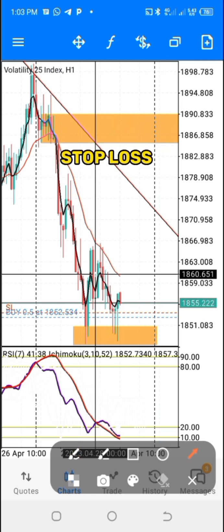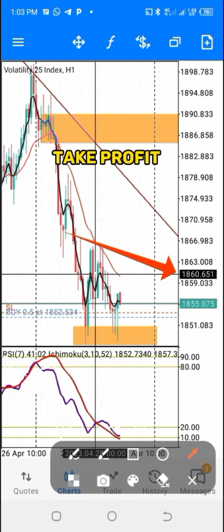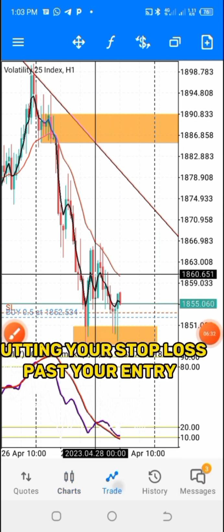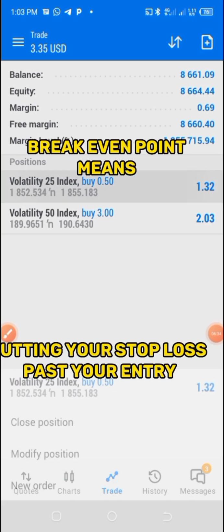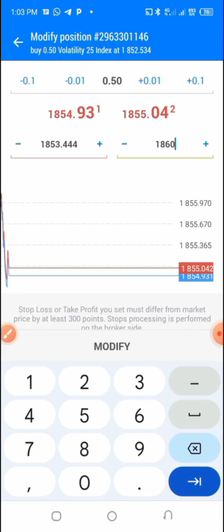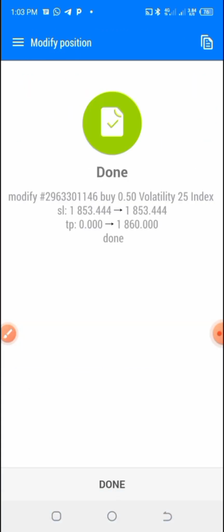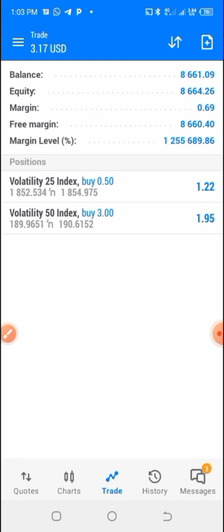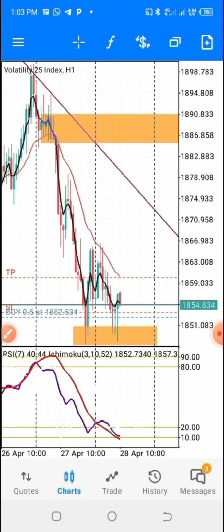I will be commanding it to leave when price reaches here at 1860, then sell it for me. I will be exiting. So I'll go here and put the take profit at 1860. Which means this is my exit point, and I'll be moving out, and I'm free of losses.